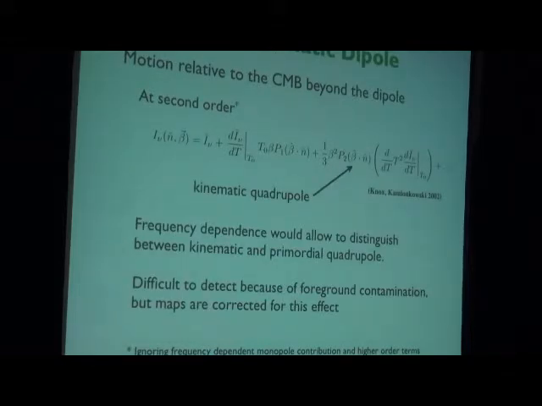The problem is that this is difficult to measure because of the foreground contaminations on the large scales, and this hasn't really been measured, but all the maps are corrected for it, assuming that this is what is actually happening. In principle, with the experiments that we saw, PIXIE or PRISM, there should be pretty good hope of measuring this, but so far there's no actual detection of it.